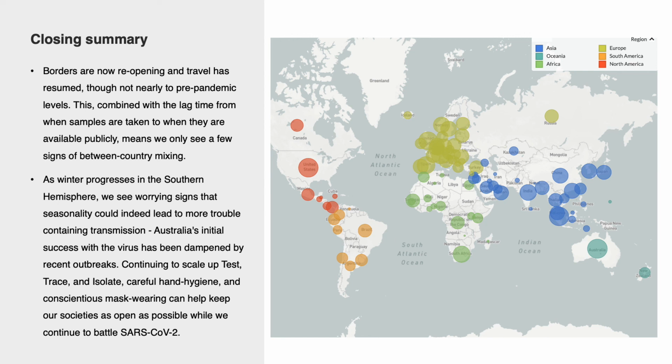As winter progresses in the Southern Hemisphere, we see worrying signs that seasonality could indeed lead to more trouble containing transmission. Australia's initial success with the virus has been dampened by the recent outbreaks. Continuing to scale up tests, trace, and isolate, careful hand hygiene and conscientious mask wearing can help keep our societies as open as possible while we continue to battle SARS-CoV-2.